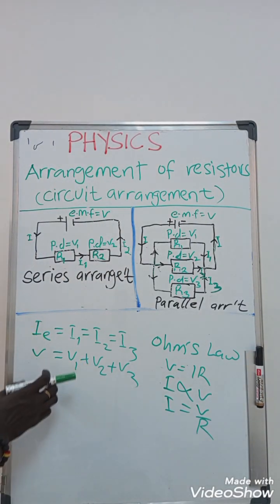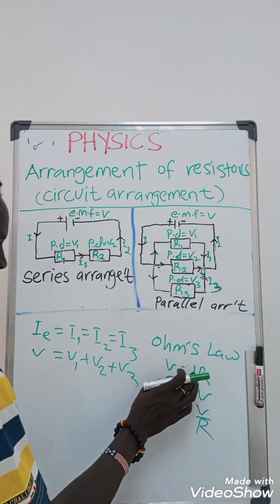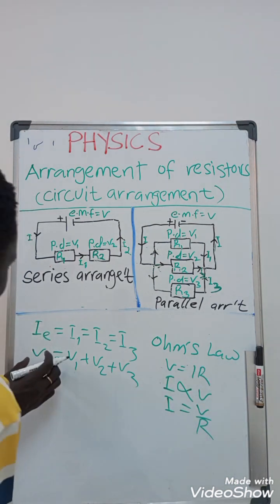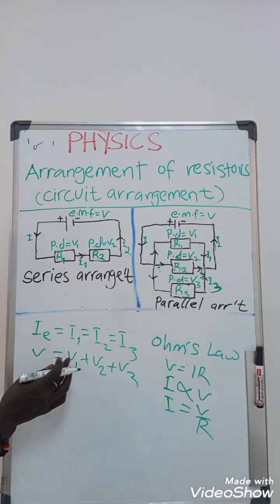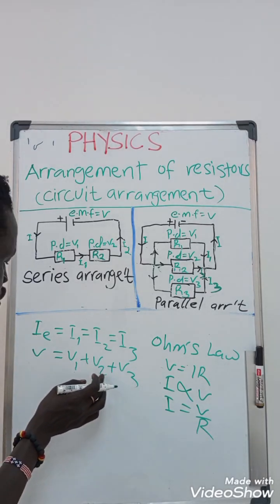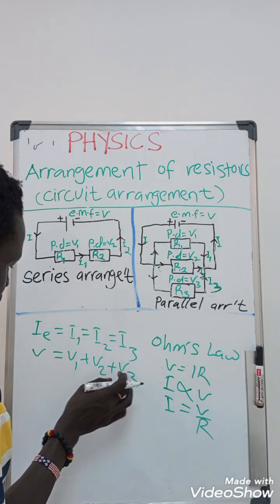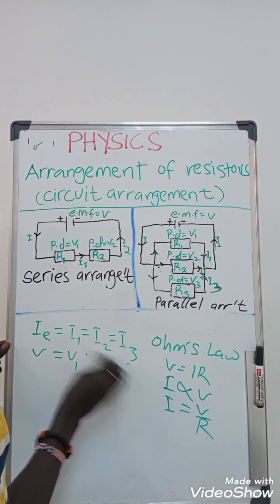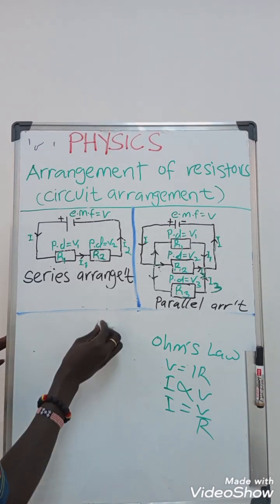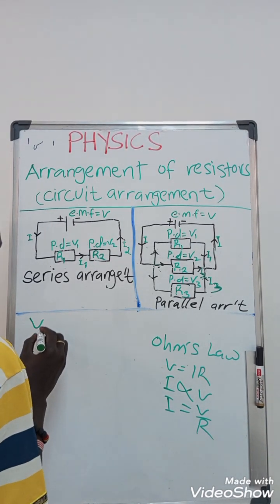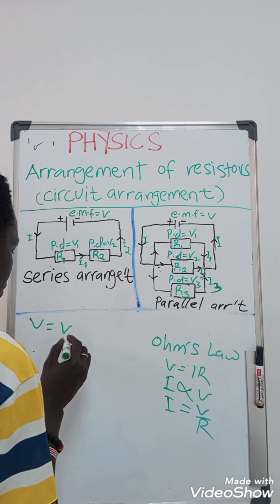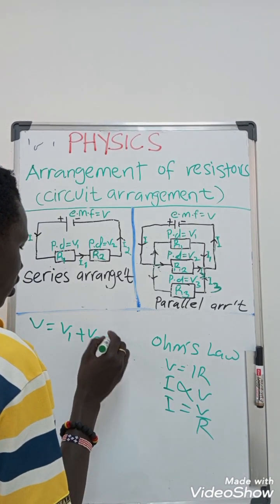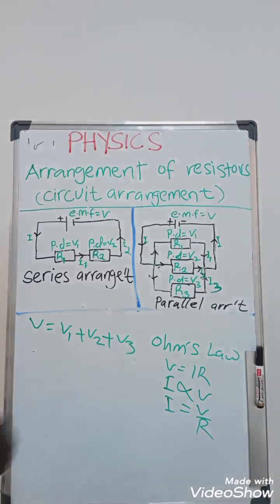From here, we are going to substitute V with IR. We are going to substitute V is equal to V1 plus V2 plus V3. Let's substitute. V is equal to V1 plus V2 plus V3.